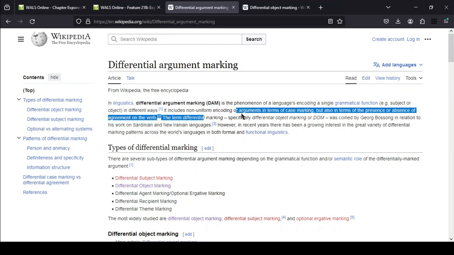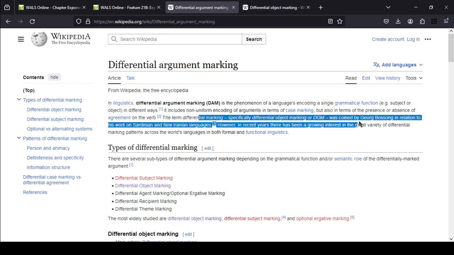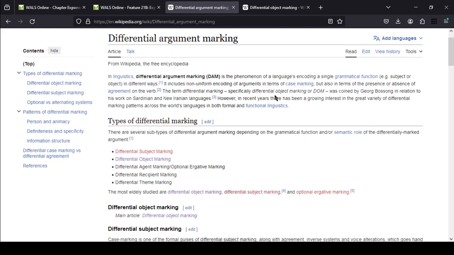It includes the uniform encoding of arguments in terms of case marking, but also in terms of the presence or absence of the agreement in the verb. The term differential marking, specifically differential argument marking, or DOM, was coined by George Basong in relation to his work on Sardinian and New Iranian languages. However, in recent years, there has been growing interest in the great variety of differential marking patterns in the world languages in both formal and functional linguistics.